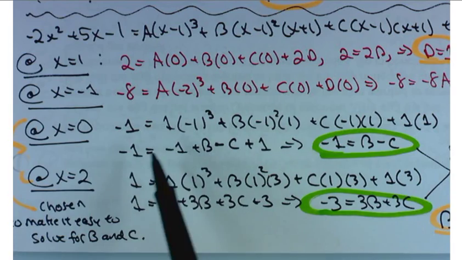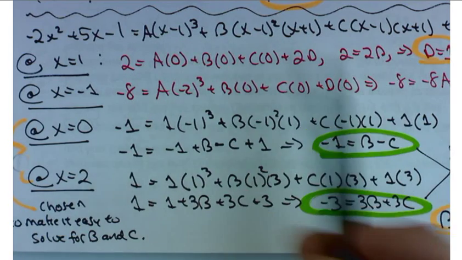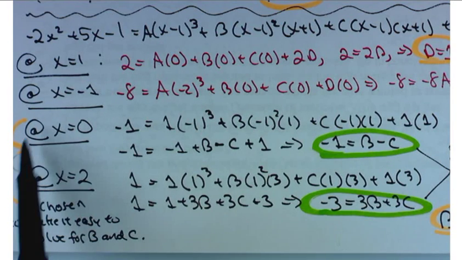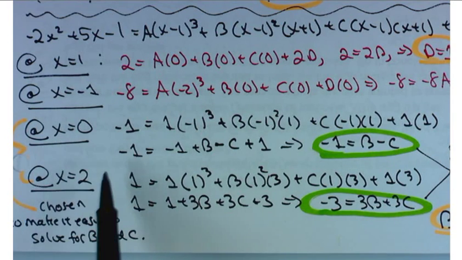And then what are you going to do? Well, you can't choose 1 and -1 anymore. What you would have to do is plug in what you know for d and what you know for a into this equation, and then choose 2 more values for x. Now I kept them easy, 0 and 2.